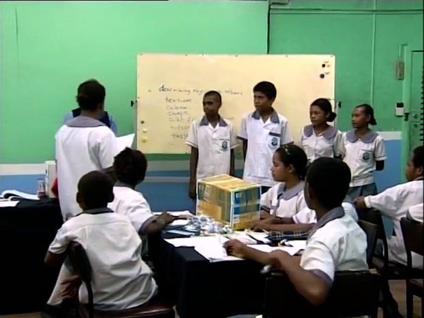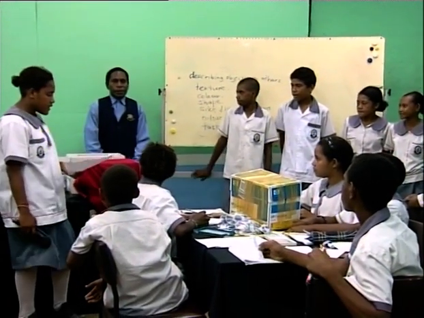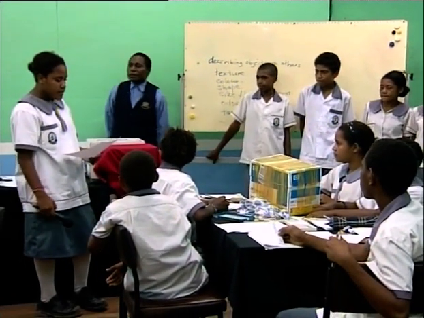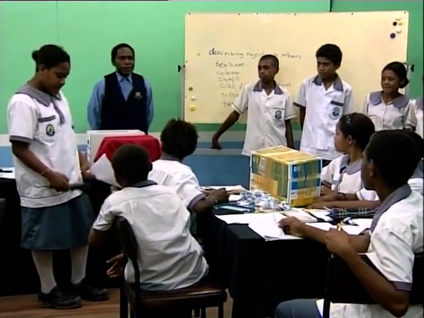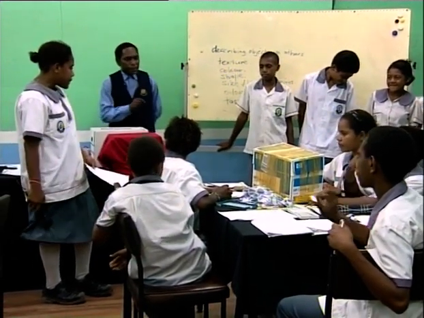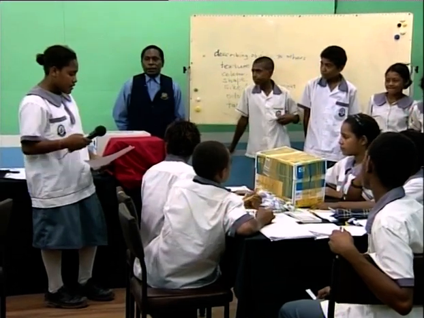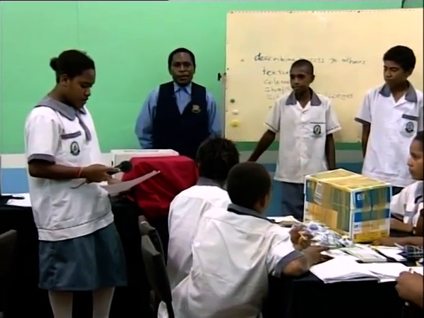Right, for group 8, Michaeline is going to be giving the description. The rest of us try to draw what she's going to describe and imagine it as well. Receiving students, you do the same.